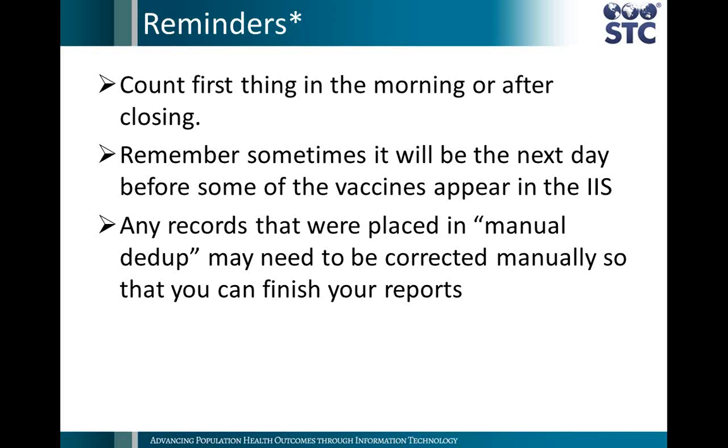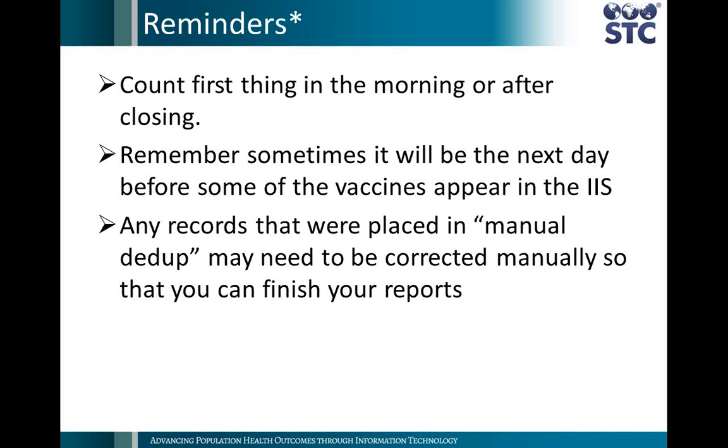The last thing to note is that this happens a lot with twins, or if patients have really similar names and birthdays: those records will be placed in an area called manual dedupe. That means somebody at DOH has to physically look and compare the two records to make sure they really are two separate patients.